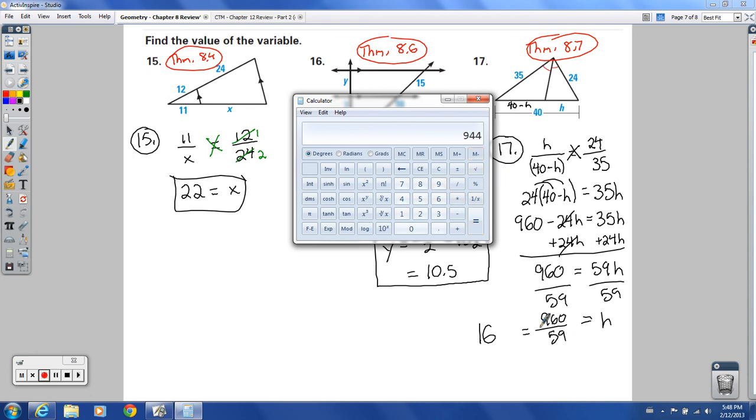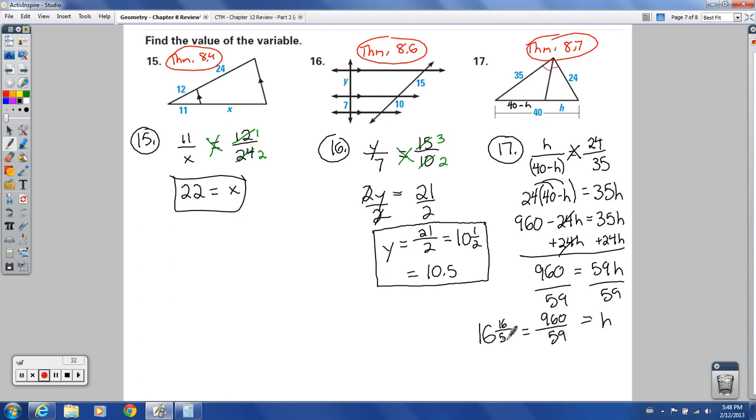So you can take 16 groups of 59 out of 960. You'd be left with 16, because 16 plus 944 gets you back to 960. So this would be 16 and 16 over 59.